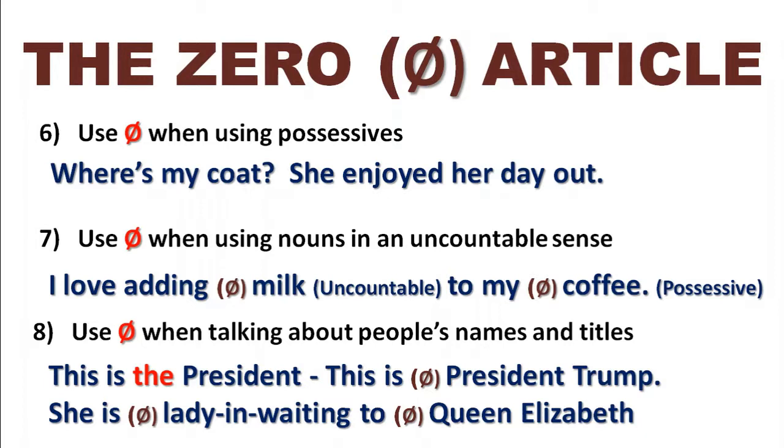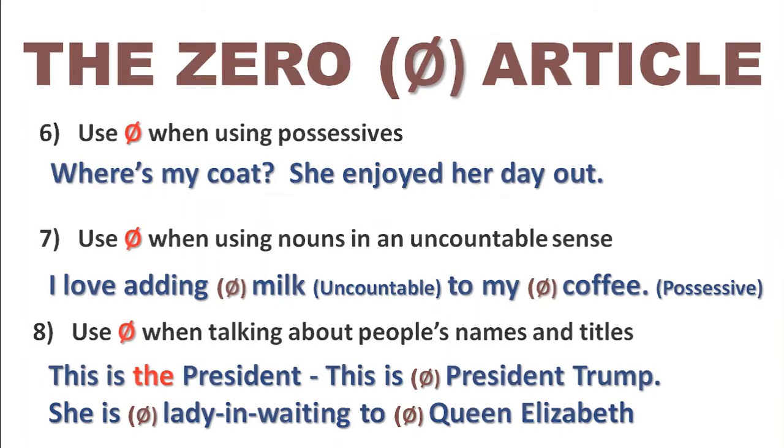Same here with the second sentence in number 8. She is lady in waiting. That's a job title. She is lady in waiting. It doesn't require an article. It's a zero article option. She is lady in waiting to Queen Elizabeth. Queen Elizabeth, again, title, same as President Trump. It doesn't need an article because it's a person's name and title.